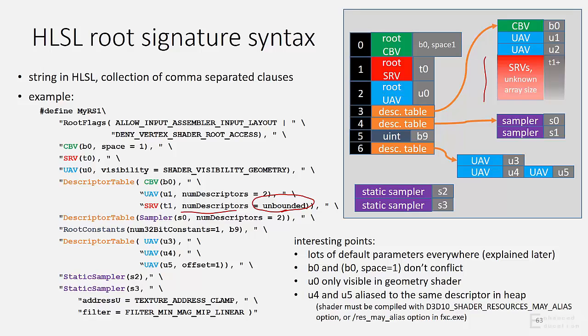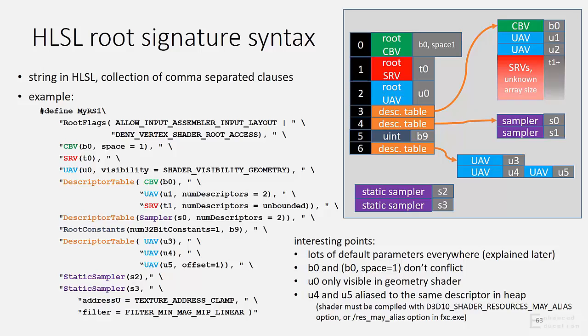You can use unbounded at the end of a descriptor table. And what this turns into is when you bind at runtime, when you set the descriptor table pointer into a descriptor heap for this descriptor table, from the shader, you can index into this array of SRVs as far as you want, as long as you've made sure that wherever you end up referencing descriptors in the descriptor heap, you've placed a valid descriptor.